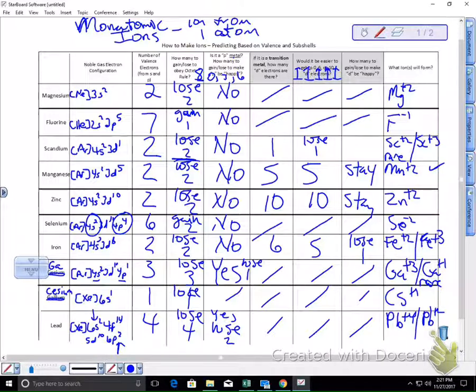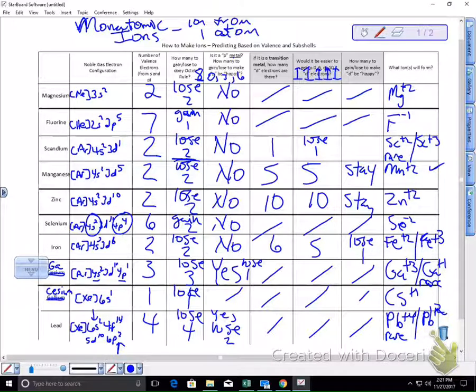Which one is more preferred? Well, it turns out that lead is almost always +2 in nature, because the +4 is just hard to do. There's also some interactions with the f block electrons there, the 4f14, that contribute to the +2 ion being more favorable than the +4.